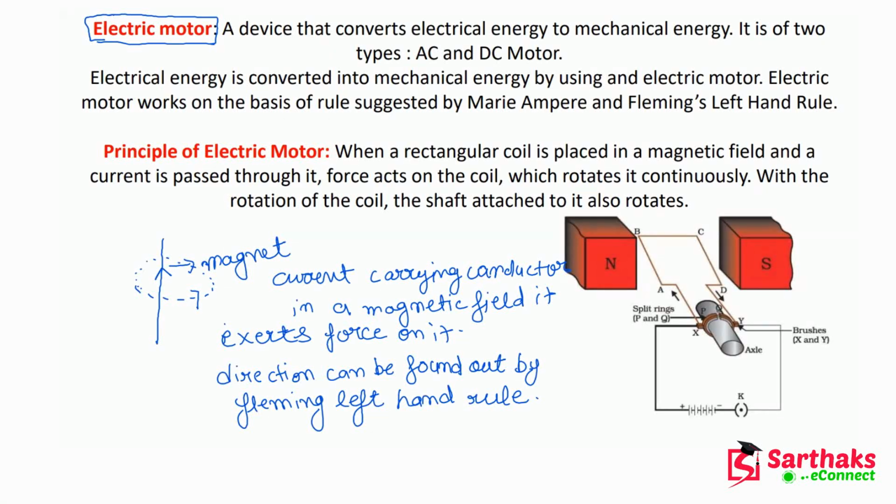If I give you a very simple and short definition, then I will say that an electric motor is a device that converts electrical energy to mechanical energy. Let's take an example of a fan.